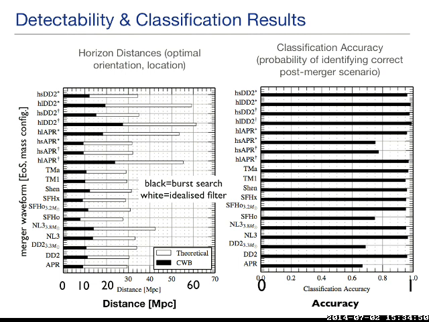The other fun thing that you can see is that the classification algorithm, so choosing between prompt collapse and either delayed or stable post-merger objects, is pretty good. Most of the time it works better than 95% or so. This is averaged over all the found signals.